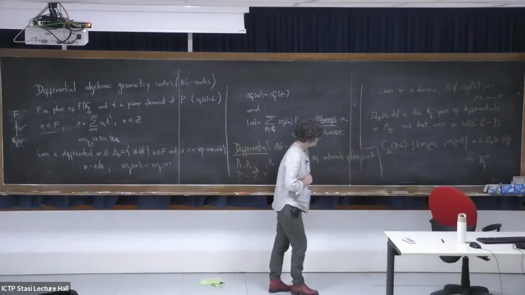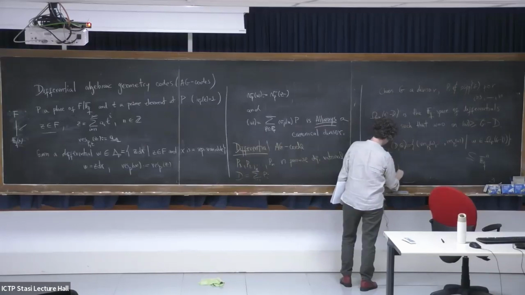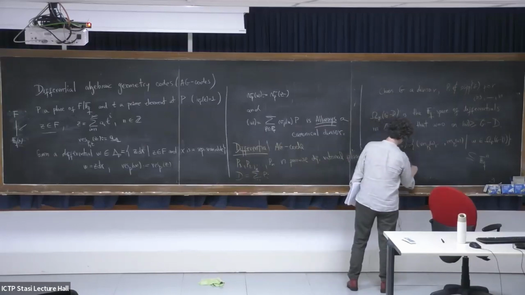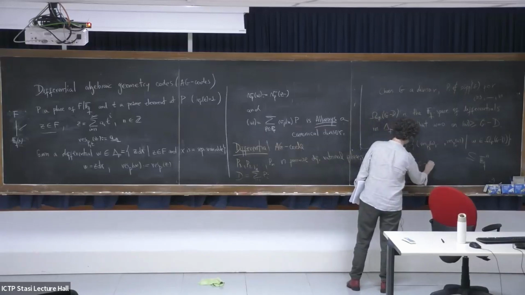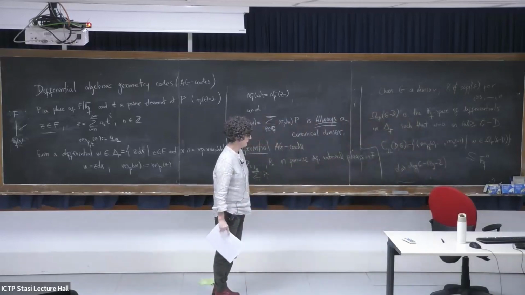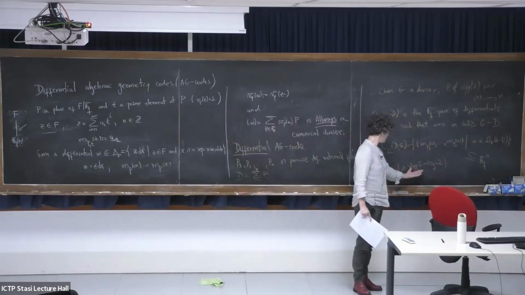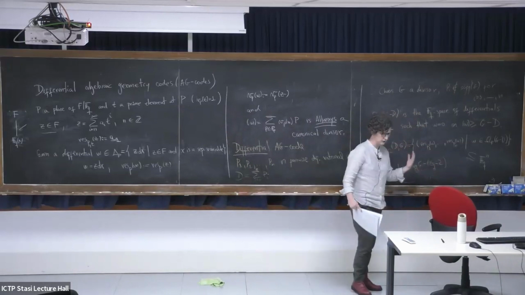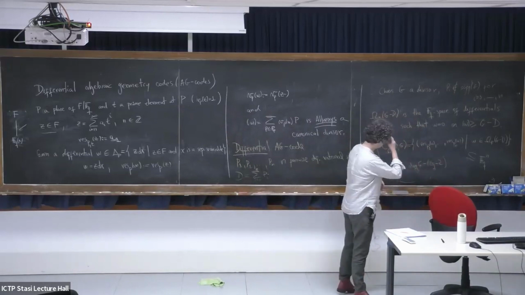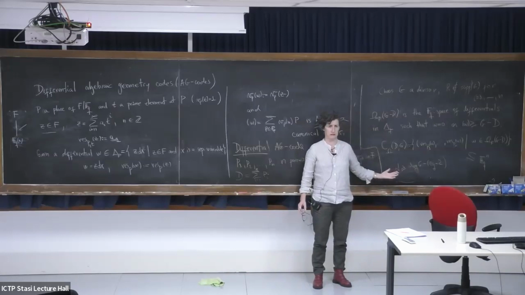And we can prove something about the minimum distance of this code. We know that the minimum distance of this code is always larger than or equal to degree of G minus 2g plus 2, where g, as usual, is the genus of your function field. Okay, so this is what we call the classical lower bound for these codes. So what is really nice about these codes is that you already know something about the minimum distance.